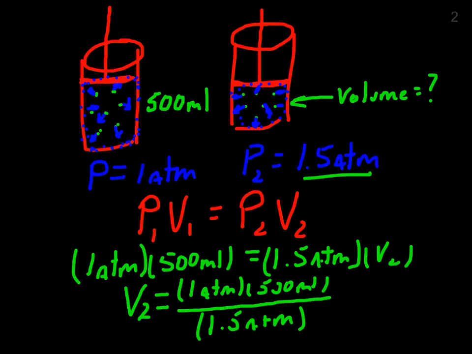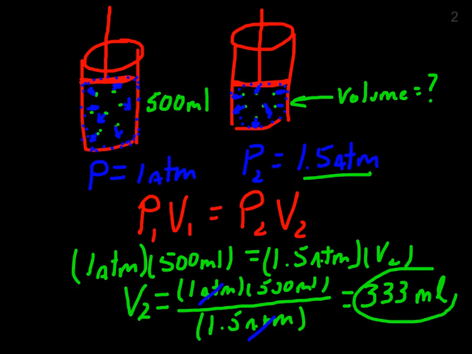The atmospheres are going to cancel out. When it's all said and done, I'm going to end up with 500 divided by 1.5, which is a volume of 333 milliliters. So that answer right there is what this new volume was going to be.